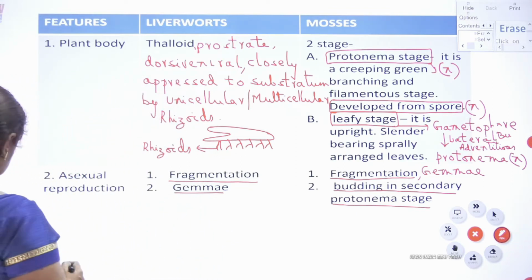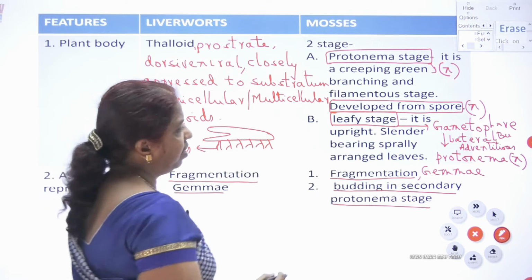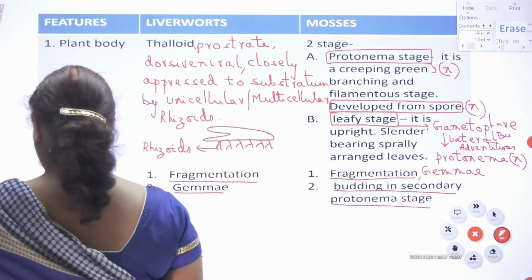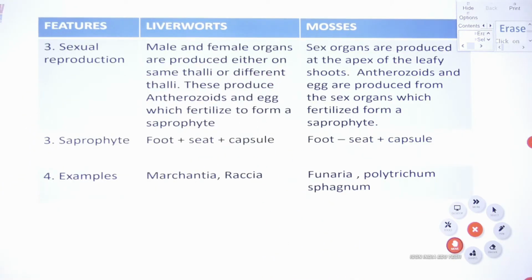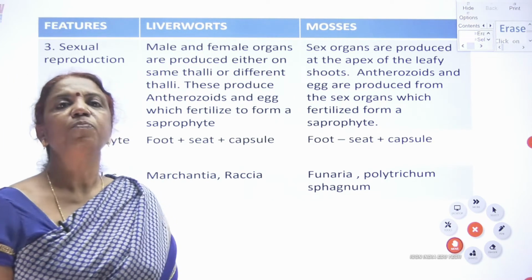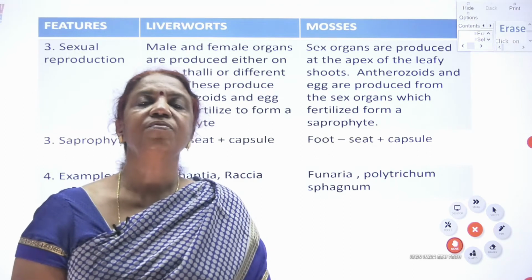Next, sexual reproduction. What type of sexual reproduction is present in liverworts?